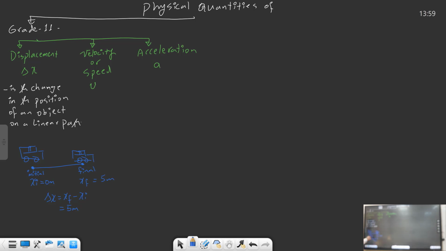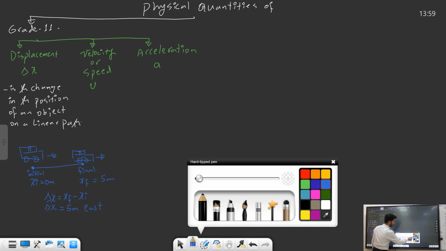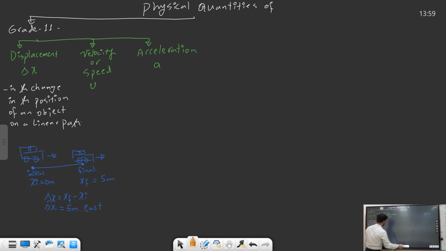But if you look at the direction of the motion, the car is traveling to the east, okay? So here, if I talk about the change in the position of the car, I would say the car has traveled 5 meters to the east, has changed its position 5 meters to the east, okay? So from this example, we conclude that displacement is a vector quantity.